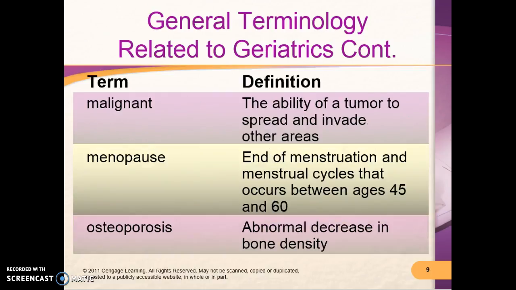You will also see osteoporosis on here. Osteoporosis is not just with women. It can occur in both sexes. It has to do with your bone density. Typically we see it more in postmenopausal women, but it's not exclusively women. It can be men as well.